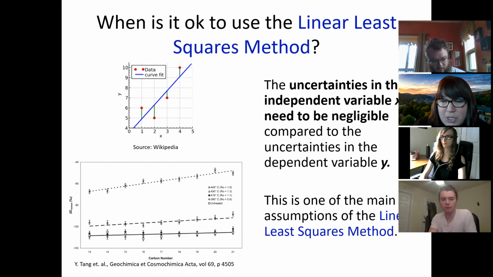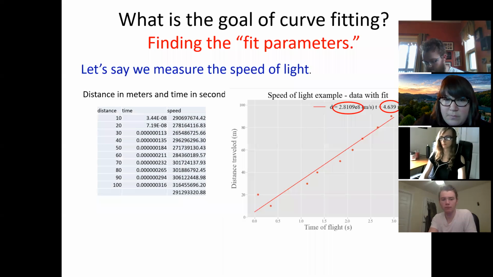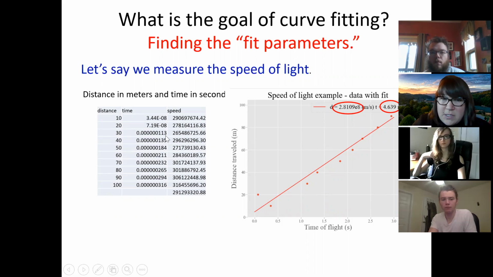Okay, so that's an assumption of the linear least squares method. So if we have a set, like a column of points like we were looking at here, let's say the time, well, in reality, the time uncertainties are going to be really small compared to the distance uncertainties because an oscilloscope is going to do a good job of measuring these times, and then a meter stick is not going to do a great job of measuring these distances.